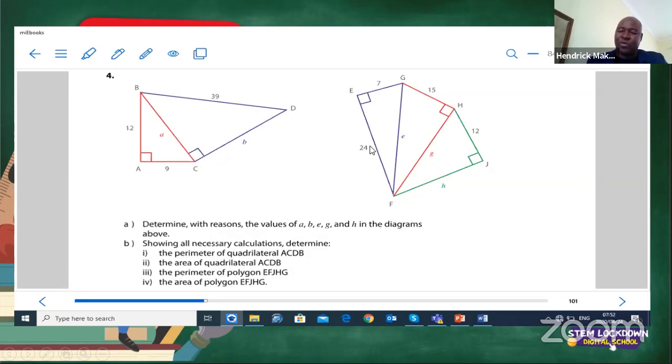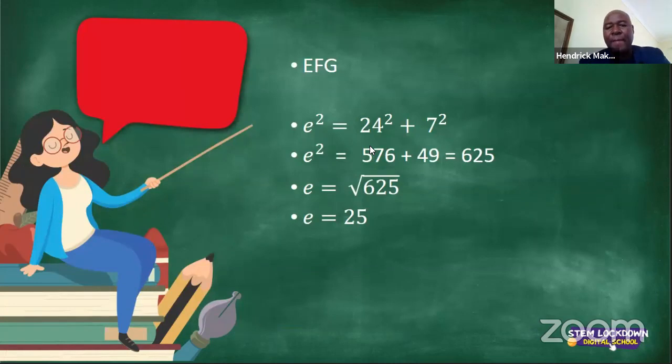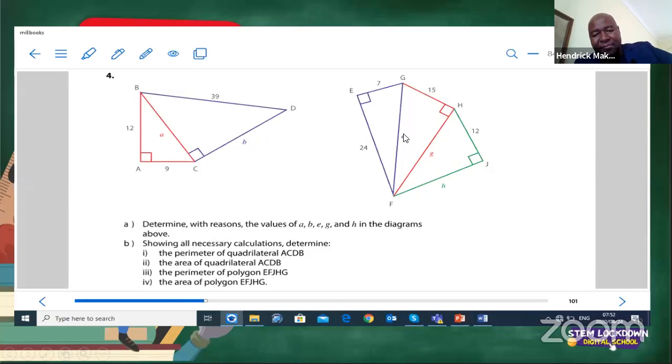Thereafter, 24 squared is equal to 576, plus 7 squared is 49. Now, if you add the two together, you get 625. And of course, the square root of 625 will be 25. That's how we find the value of e there.